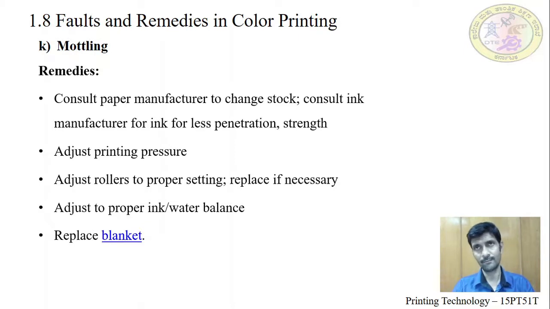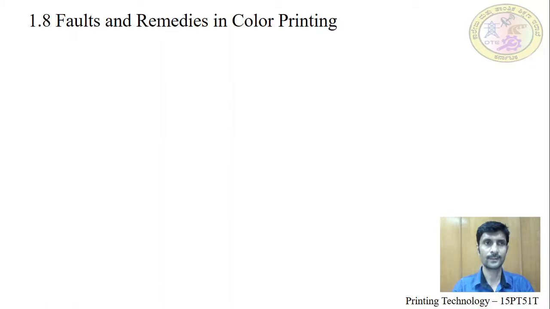Adjust the printing pressure of the plate and blanket, then adjust the rollers of the fountain as well as ink. If necessary, we can replace the rollers. Then adjust the proper ink and water balance. Even damaged blankets should be replaced.